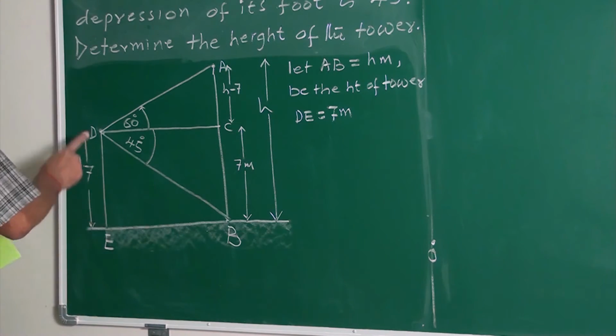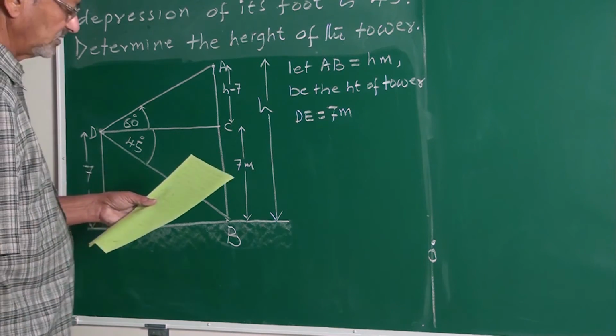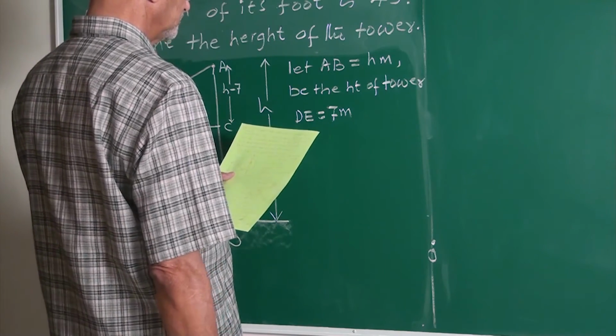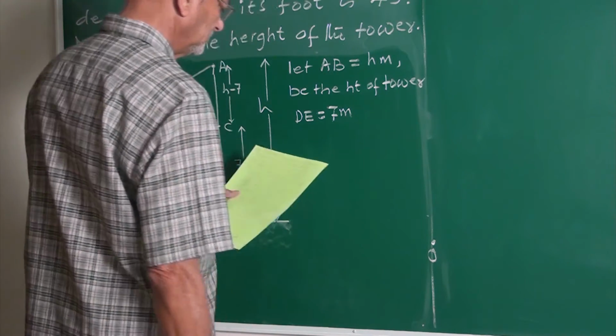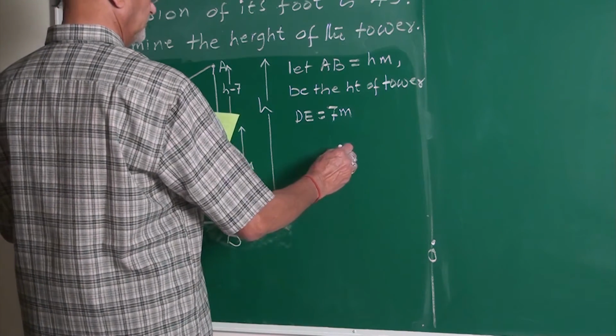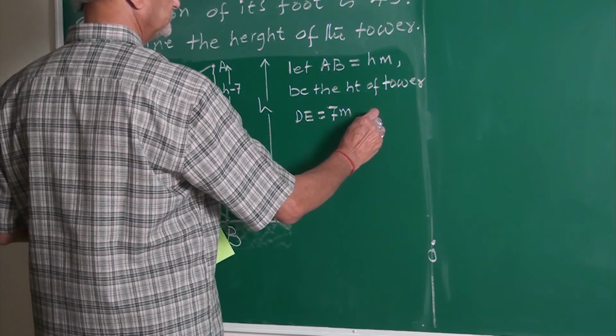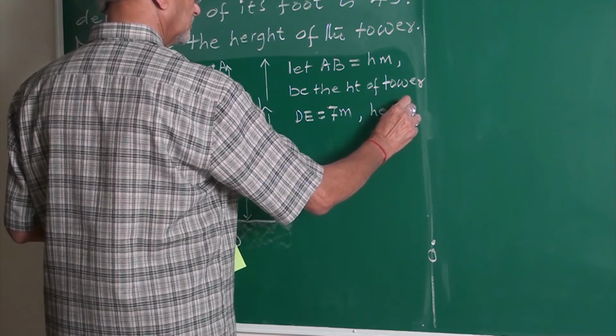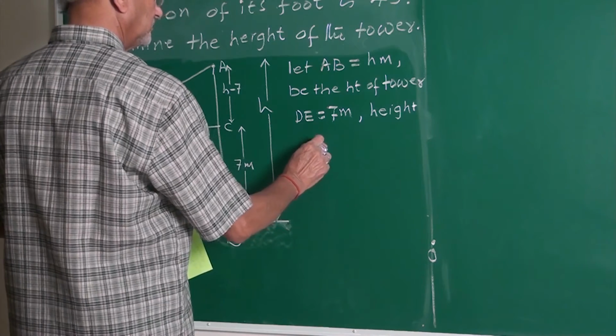This is D, my friend. DE is 7 meters, the height of the building.